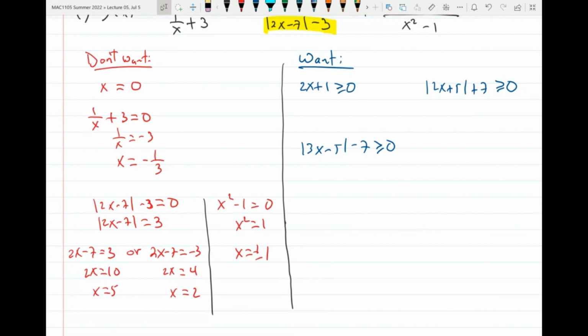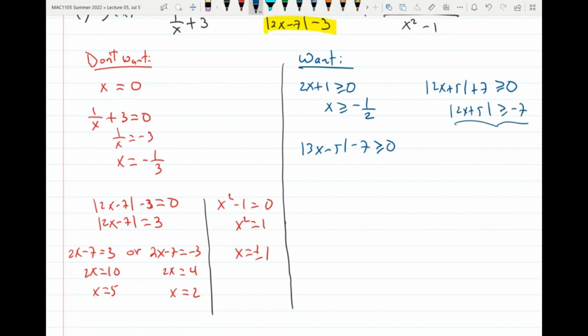Okay? Okay, so what do I want? I want 2x plus 1 to be greater than or equal to 0. As you know, this means x has to be greater than or equal to -1/2, right? So we need to make sure that that happens. Now, before I move on to this one, what's going on over here? Is this really a concern? So what is this giving us? So this means that 2x plus 5 is greater than or equal to -7.